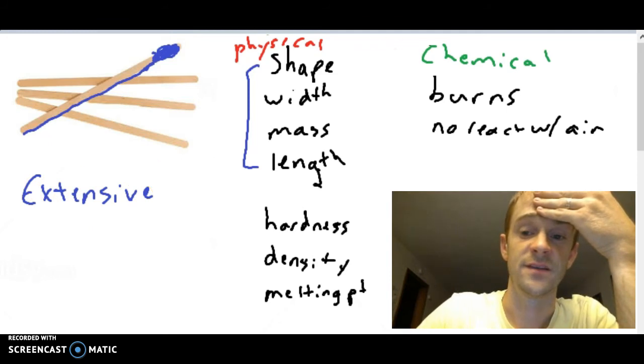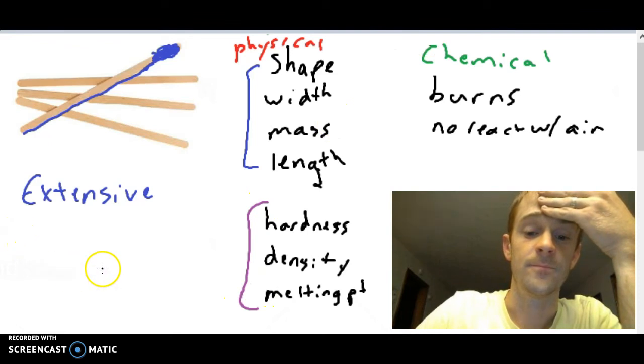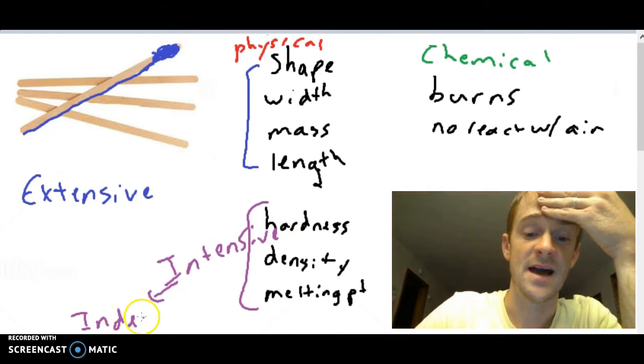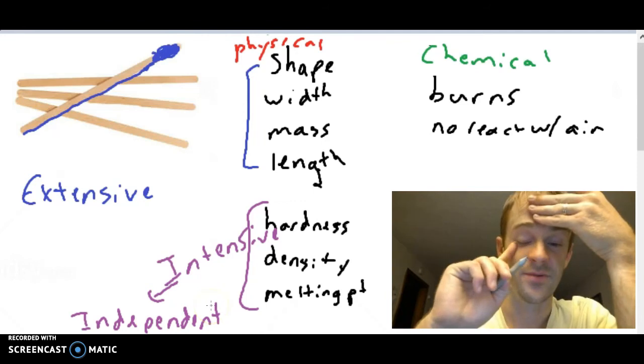And then all of these here in, let's go purple because that's fun. These are all called intensive. Okay, and intensive are things that, how I remember it, are in the I for independent, which means they don't rely upon something else.